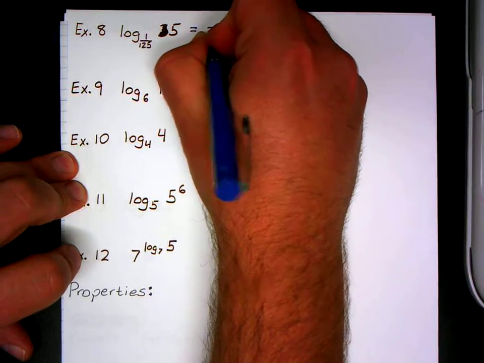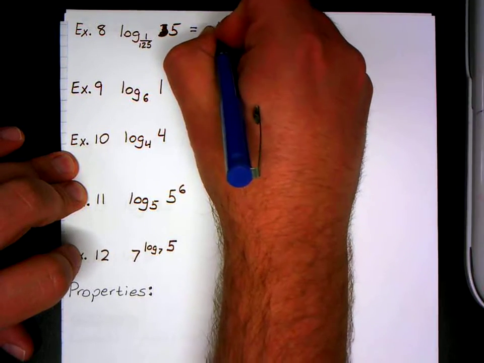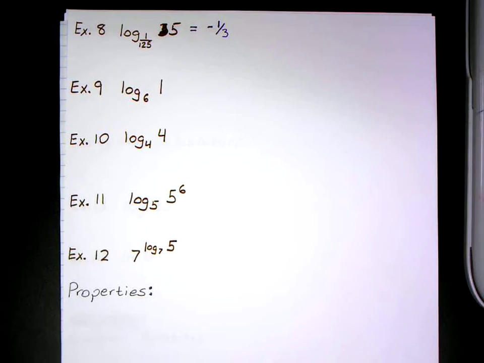Okay, it'd be -1/3. The negative, because we have a fraction that needs to turn into a whole number, so the negative would flip it over.